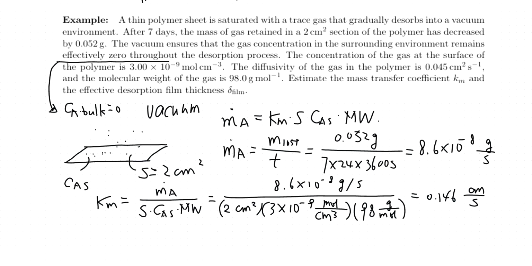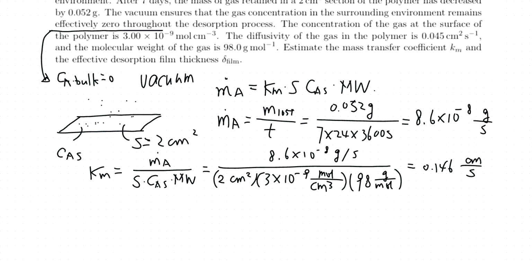So this is km. In terms of thickness, it also asks us for the film thickness. Notice that km will be D_AB divided by delta film. So we can solve for delta film by using D_AB divided by km.